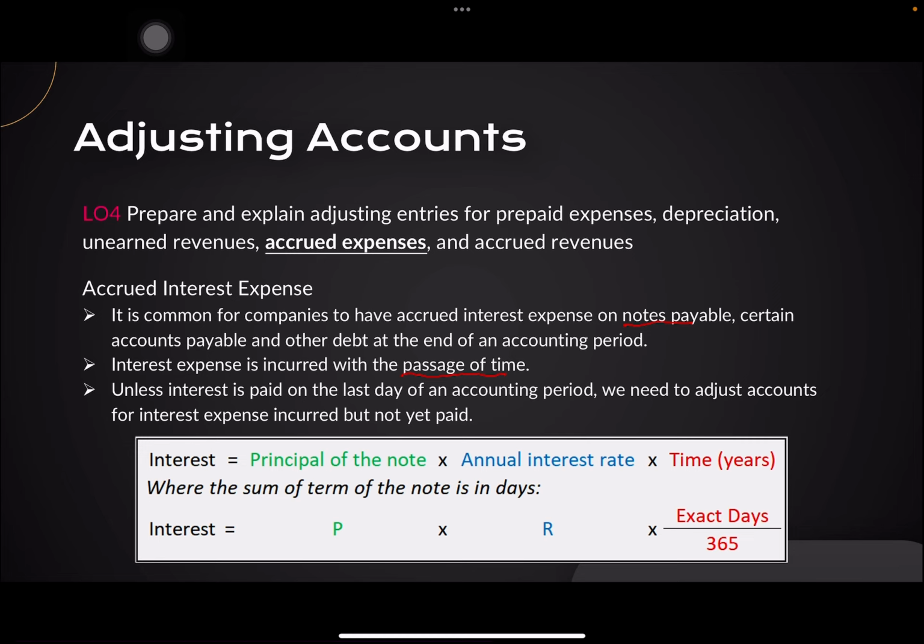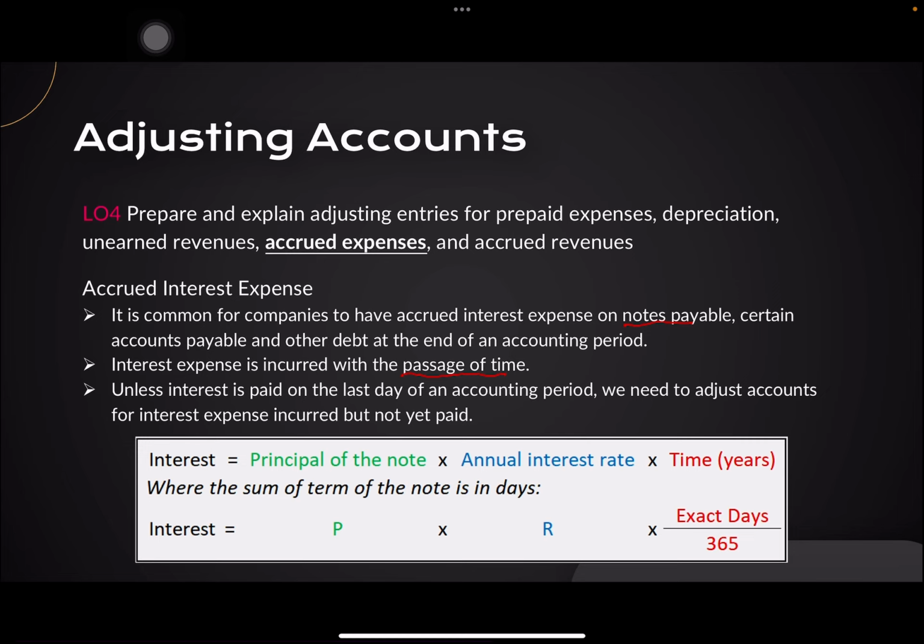That's why you have to set up a liability account in the form of interest payable. This interest payable, or your obligation to pay the supplier or the service provider in the future, arises because of the interest that was accumulated from the note payable that you issued.